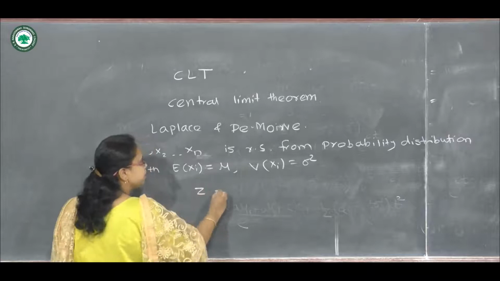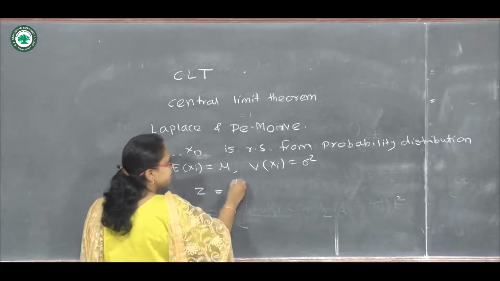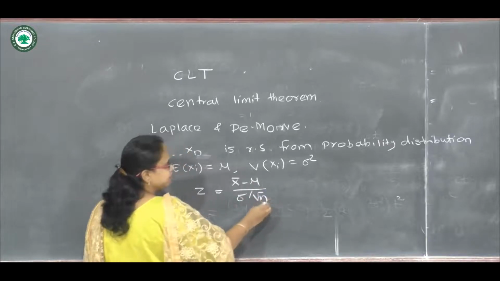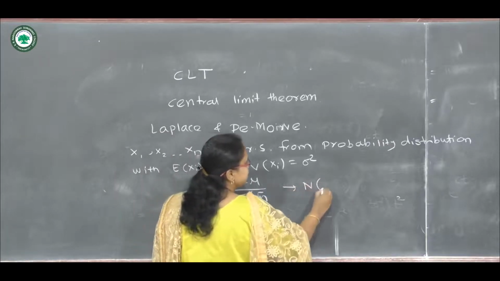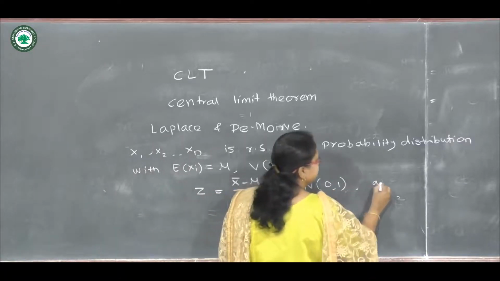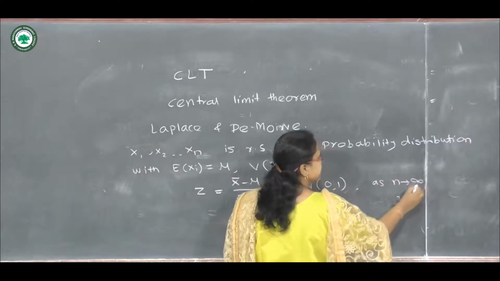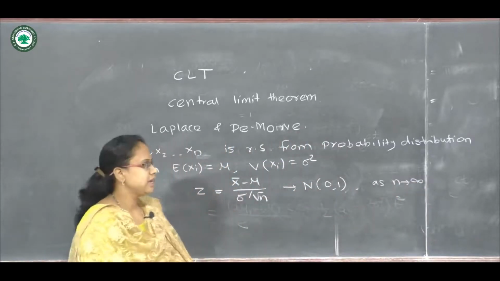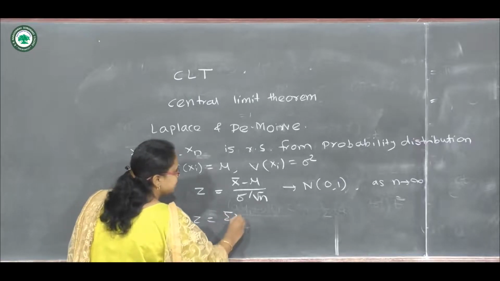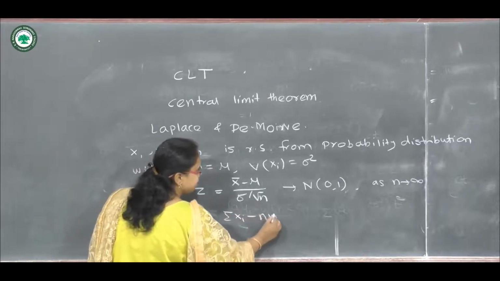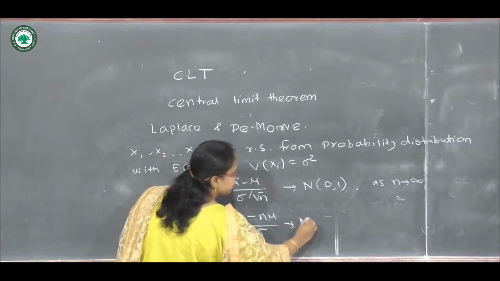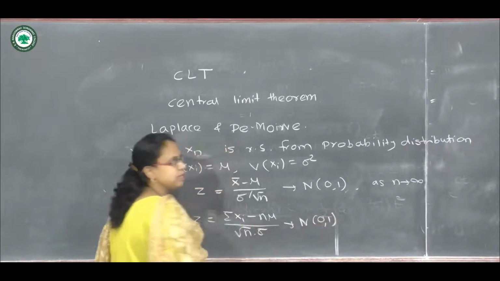Then the distribution of z equals x bar minus mu divided by sigma upon root n converges to standard normal distribution as n tends to infinity. Or we can write z equals summation xi minus n mu divided by root n into sigma. This will also converge to standard normal distribution.